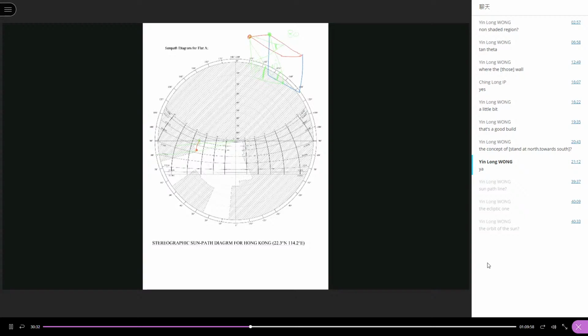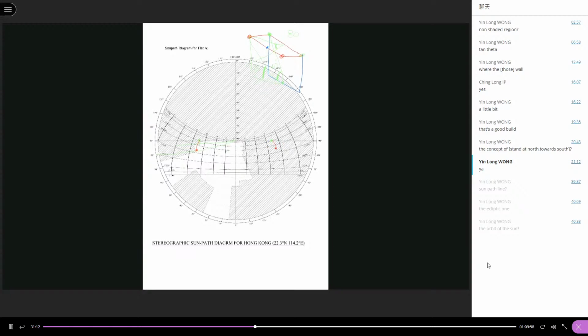Similarly for the other side. For this point, it will be somewhere here. And then for this point, 40 degrees, it will be somewhere here. And we join the line like this. You may calculate one more angle for the midpoint of the overhang.